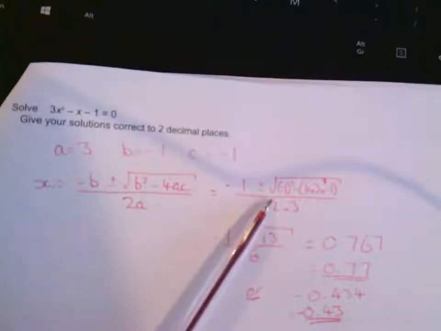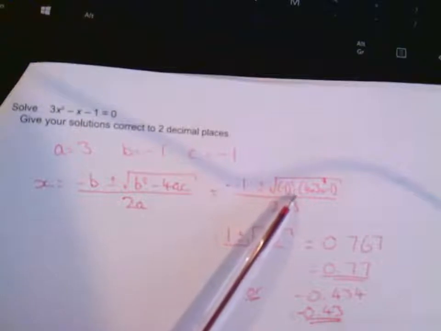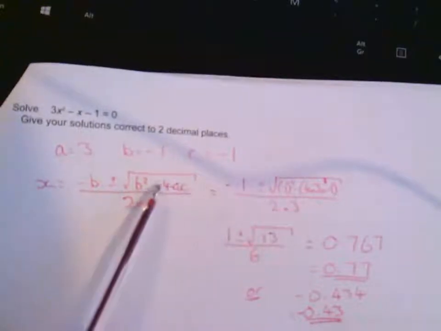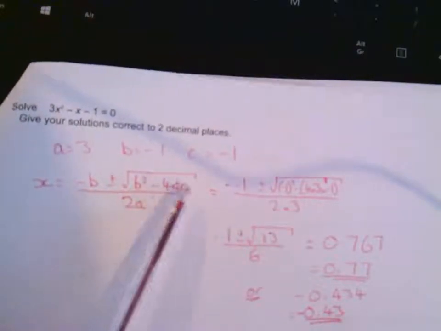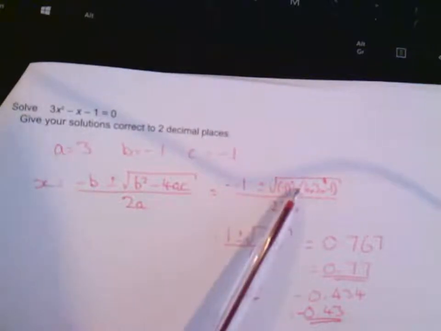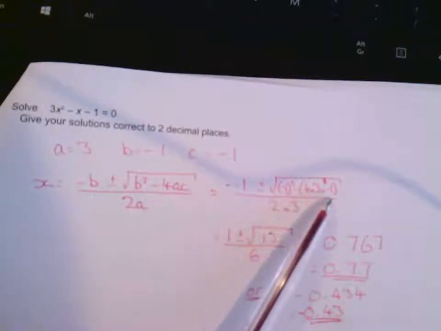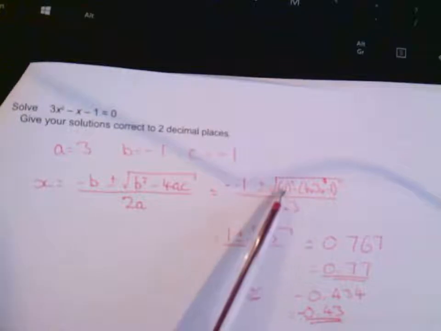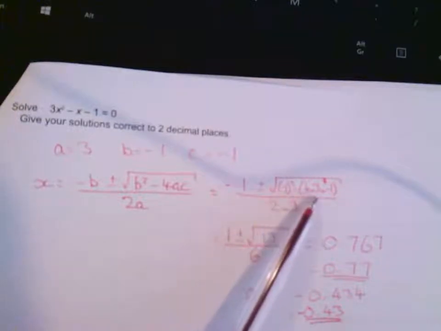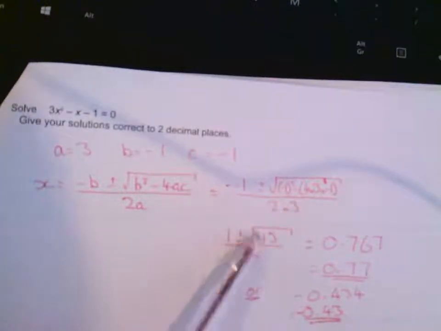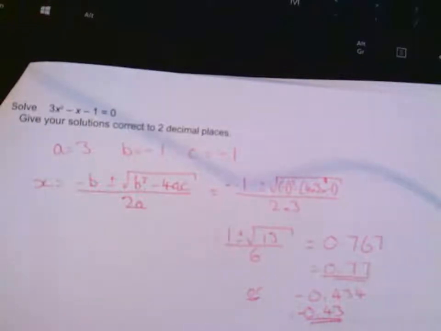I then simplify that. Minus 1 squared, subtract brackets, and remember I'm wanting to multiply the 4 by the a by the c in one go. That's 4 times 3 times negative 1. So I'm going to get 1 subtract negative 12, which gives me 13, because subtracting a negative we will add together.